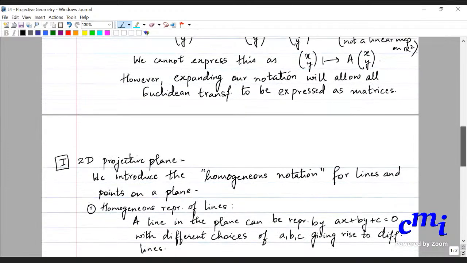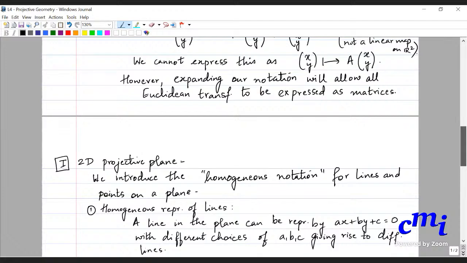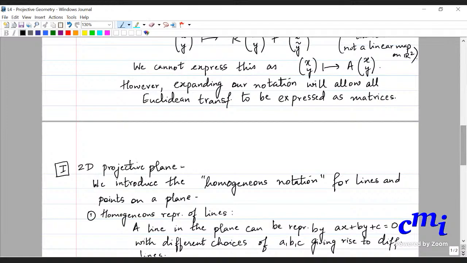So now, coming to what this projective plane is, and what the points in it are, I will explain these things. Remember that we are going to do this in as little time as possible, so we are not going too much into the depth, but I'm trying to convey the main ideas.